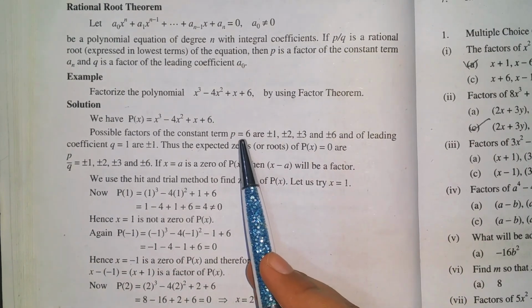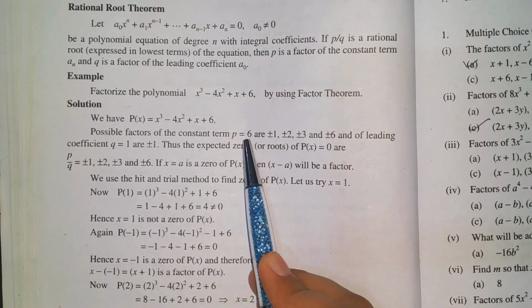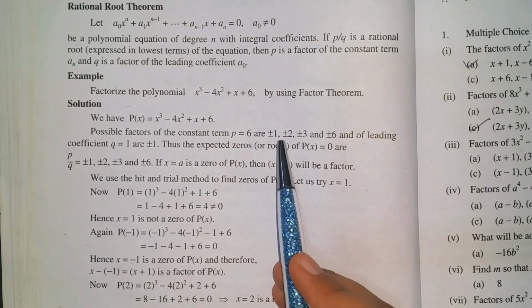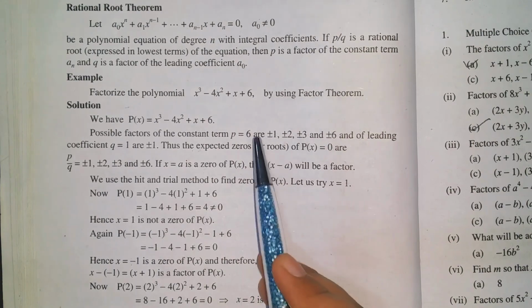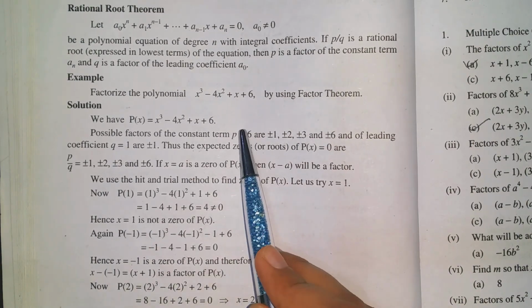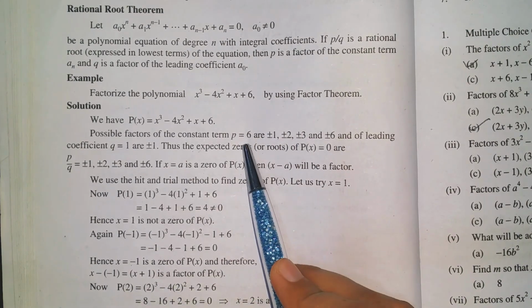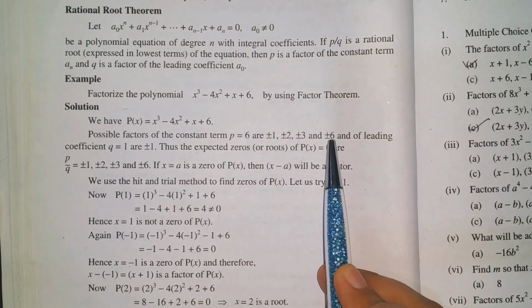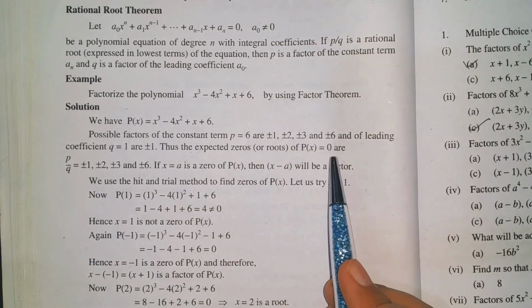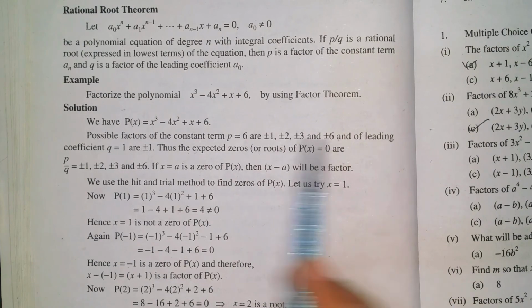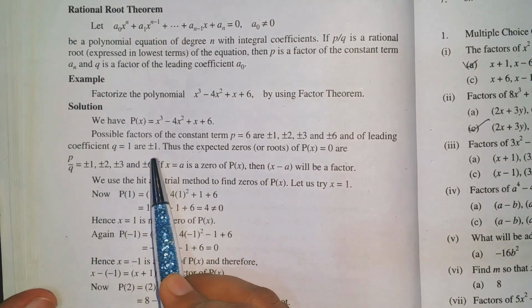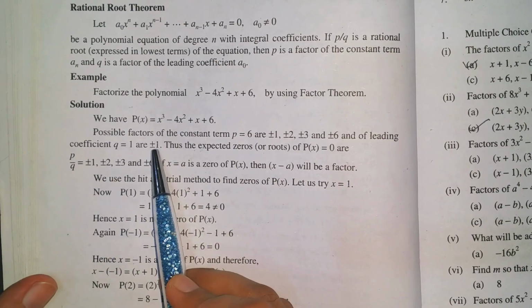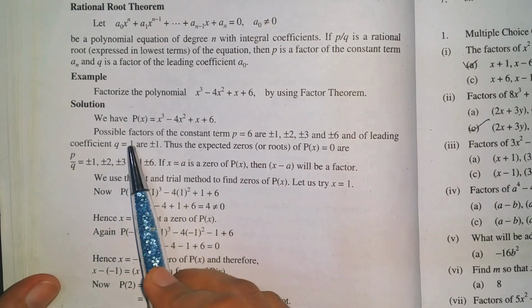These are the possible factors of 6. 6 can be divided by 1. 2 into 3 is equal to 6. 3 into 2 is equal to 6. 6 divided by 6 is equal to 1. And the leading coefficient q is equal to 1, so plus minus 1. Only 1, since the coefficient is q equal to 1.